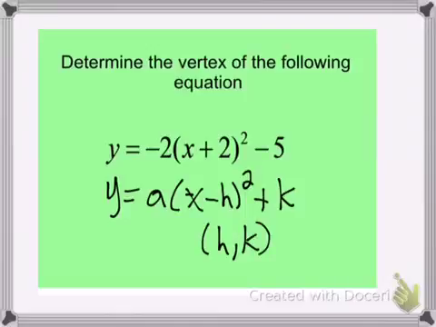So the h value here would be negative 2 because it's opposite, and 5, so the vertex will be negative 2 and our k value is 5.